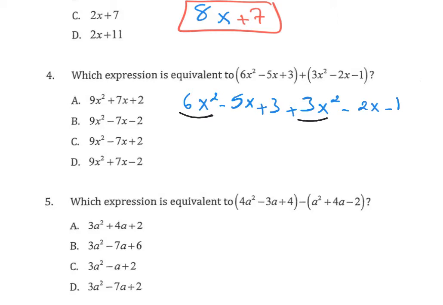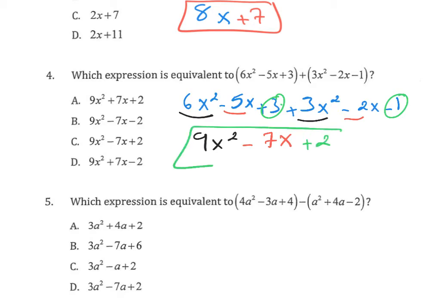So 6 plus 3 will be 9x squared. The next one we're going to combine negative 5x with negative 2x. That would be negative 7x. And the next one, we're going to combine 3 with negative 1. So 3 take away 1 will be positive 2, and that's going to be the answer. In this case, C is the correct answer.